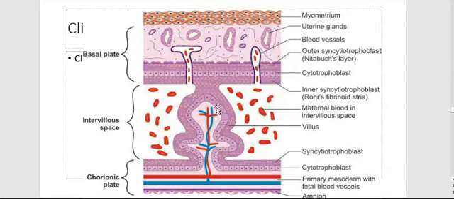Then this other layer is the somatopleuric extra-embryonic mesoderm. This one is the cytotrophoblast, and this other layer is the syncytial trophoblast. And then this is where the maternal blood is. So all of this from here to here is the placental barrier.